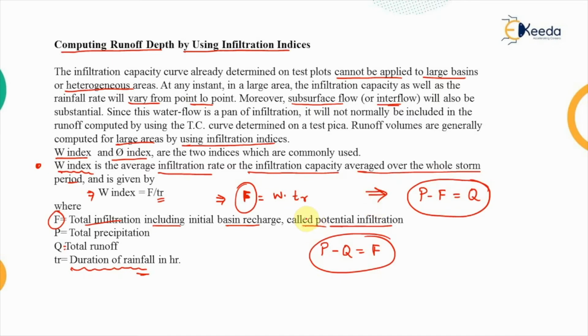So initially, from the previous data points, we would calculate this W index for a certain area. Once we have calculated this W index, based upon that, for the current storm that is happening right now, we would be able to calculate the infiltration value. And once we know the infiltration, it is very easy to calculate the total runoff.